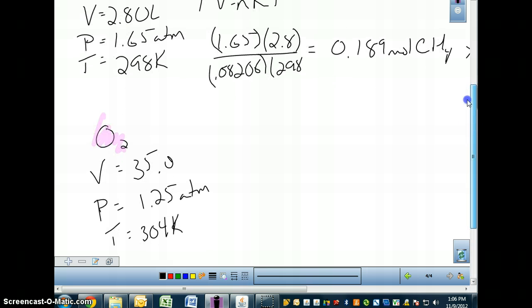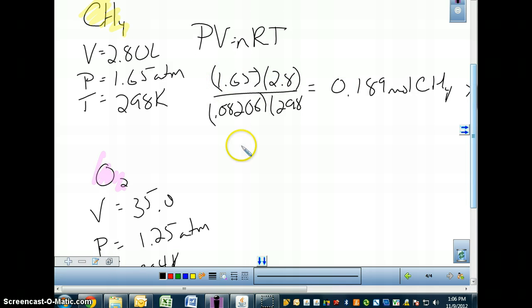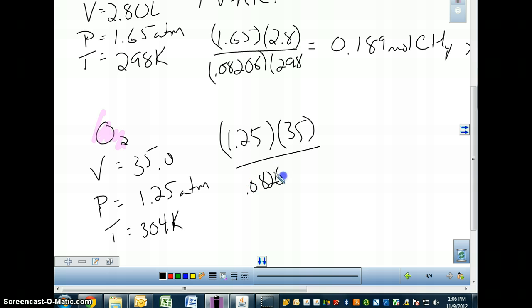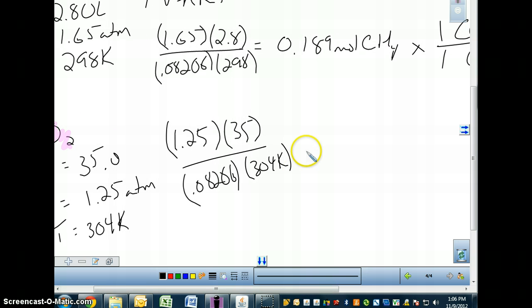Now, since I want to find moles of O2, I'm going to use the exact same format of my PV equals nRT, just subbing in my new values for pressure, volume, and temperature. So there's my pressure, my volume, 0.08206 is R. That does not change. And my temperature is 304 Kelvin. I plug this all into my calculator, and I get 1.75 moles of oxygen.